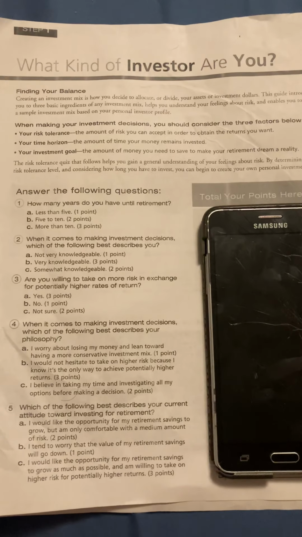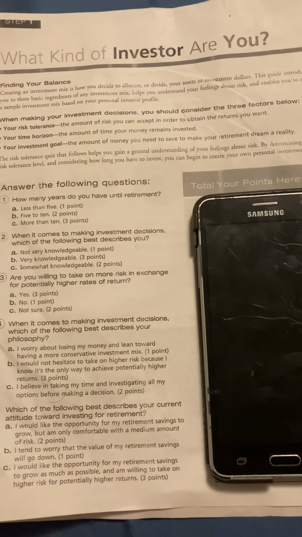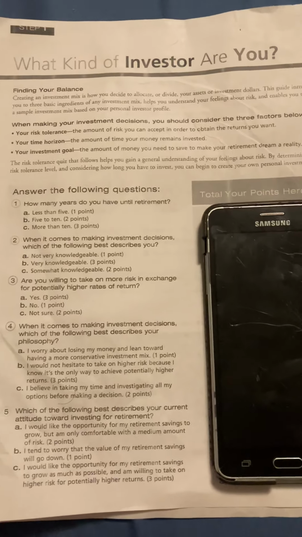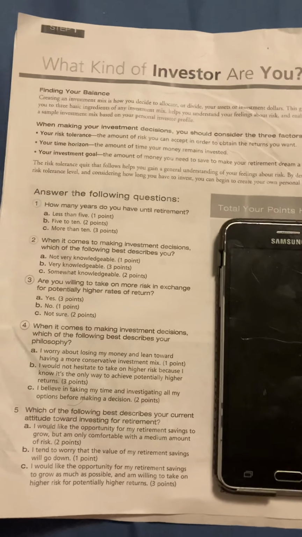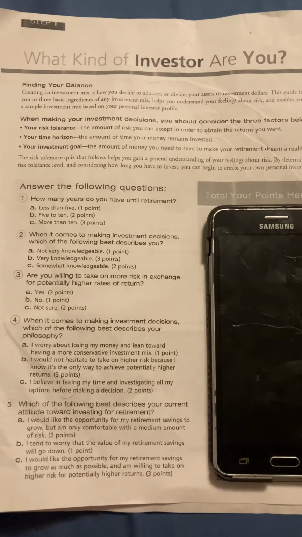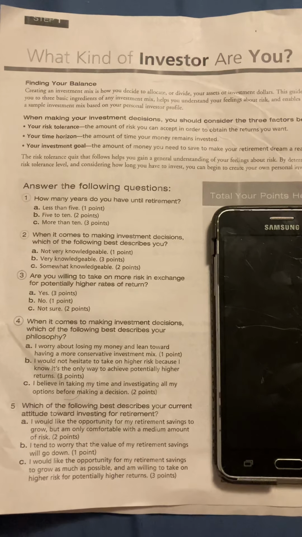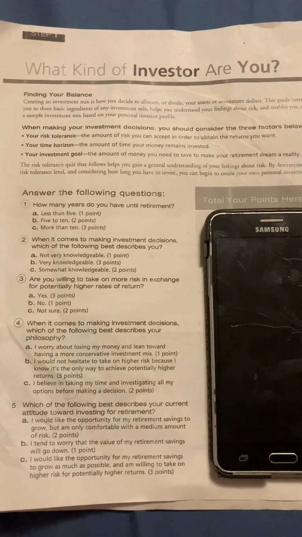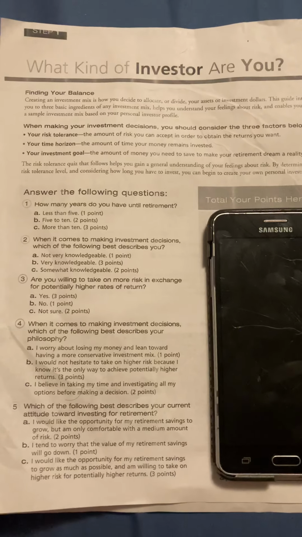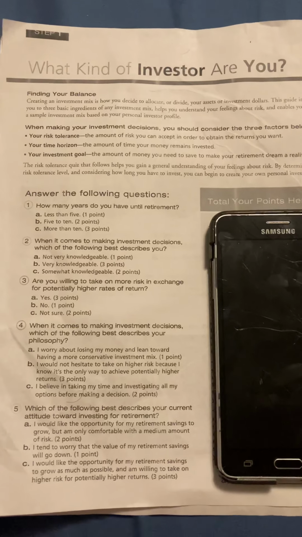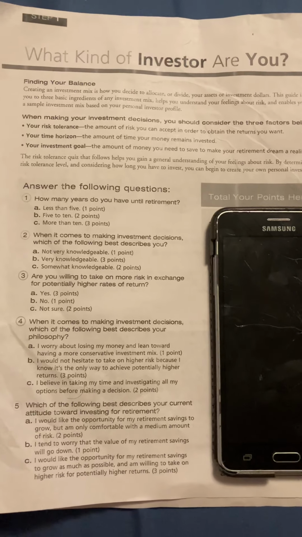If you're a pro investor or amateur or whatever level investor you are, this quiz can also be taken for you because it can be a refresher for people who want to see where they stand in their investment decision and to see where you want to continue with your strategies. So let's begin. What kind of investor are you?